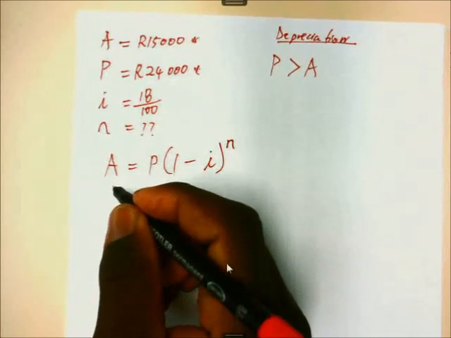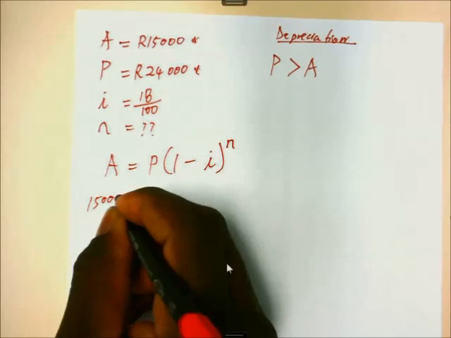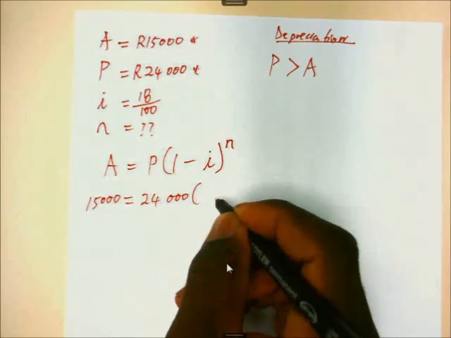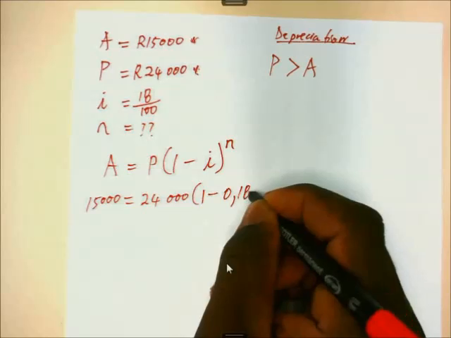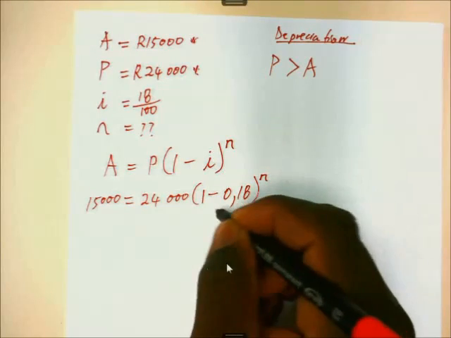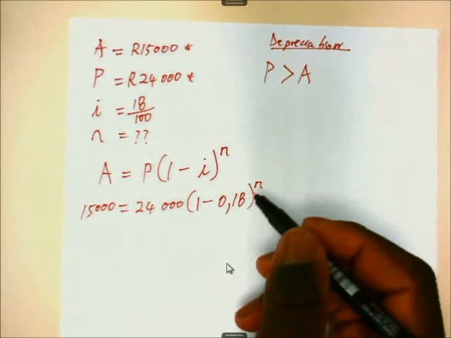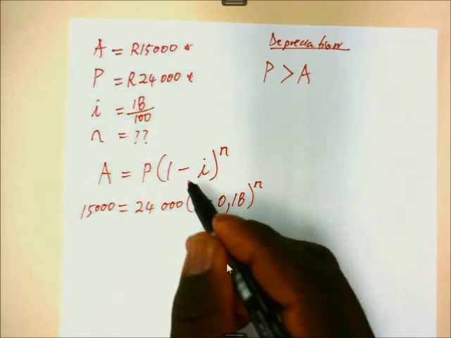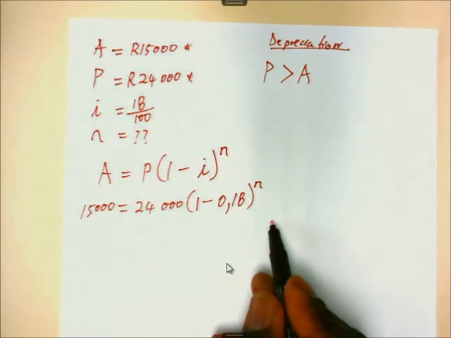If you substitute your A, it's 15,000, and then your P is 24,000 into 1 minus I. I prefer to write it as a decimal so that you can work it out together. Or you can even write it as 18 divided by 100, because 0.18 is equal to 18 divided by 100. So this is the substitution.